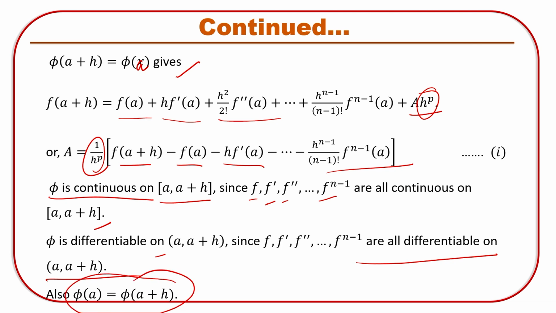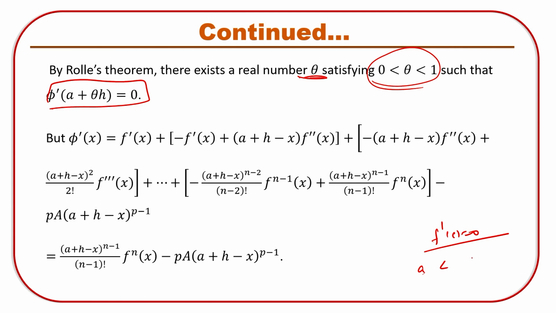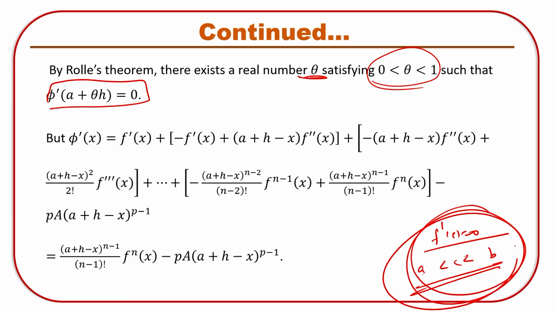So, using all these three, by Rolle's theorem, there exists a real number theta lying between 0 and 1 such that phi'(a plus theta h) equals 0, right. You remember that at least one value c exists such that f'(c) equals 0, lying between a and b. That was our Rolle's theorem. So, how to manipulate this one?